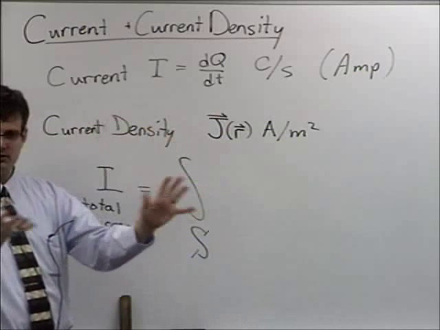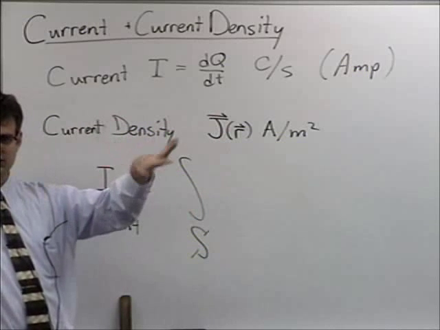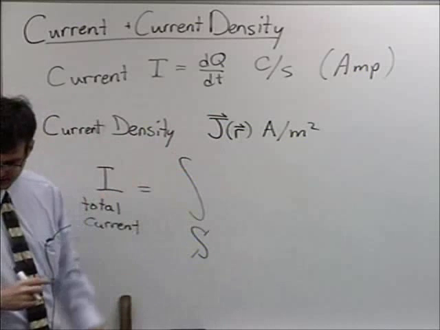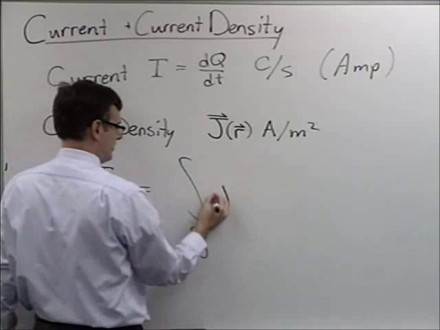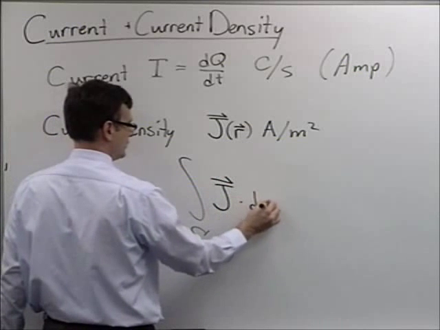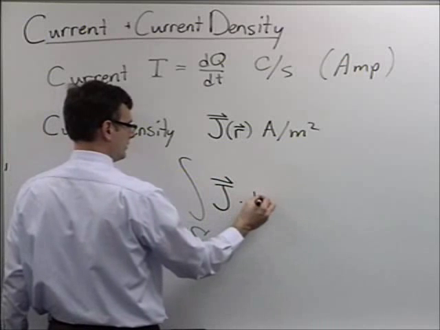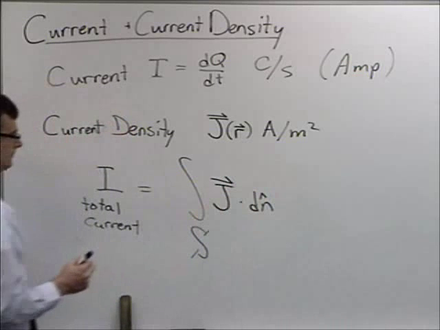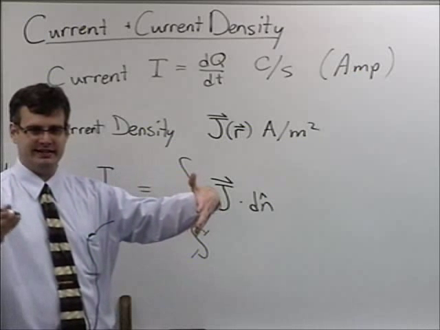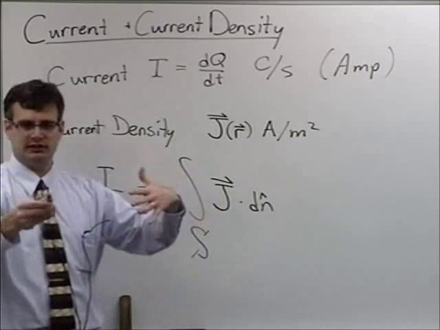It just has to be some sort of diaphragm. It can have undulations galore in it, or it could be completely flat. But the way that you calculate it, you take your J vector, you dot it into the surface normal, just like a flux integral, and basically you count up all of the current density traveling perpendicular to that surface.